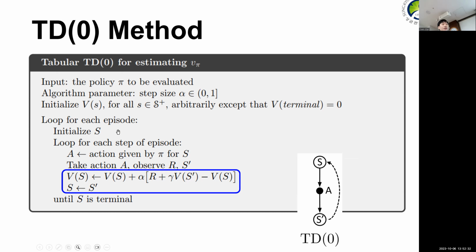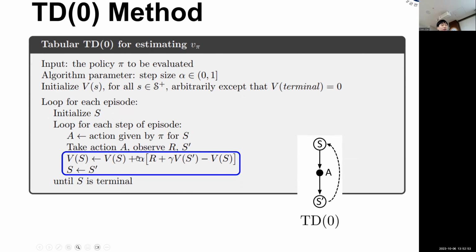Then loop through each episode, then loop through each step of the episode. We just get an action from pi, take the action, receive the reward, then move to the new state. This information is enough, so we just update the previous step. This is the equation we looked at on the previous page.